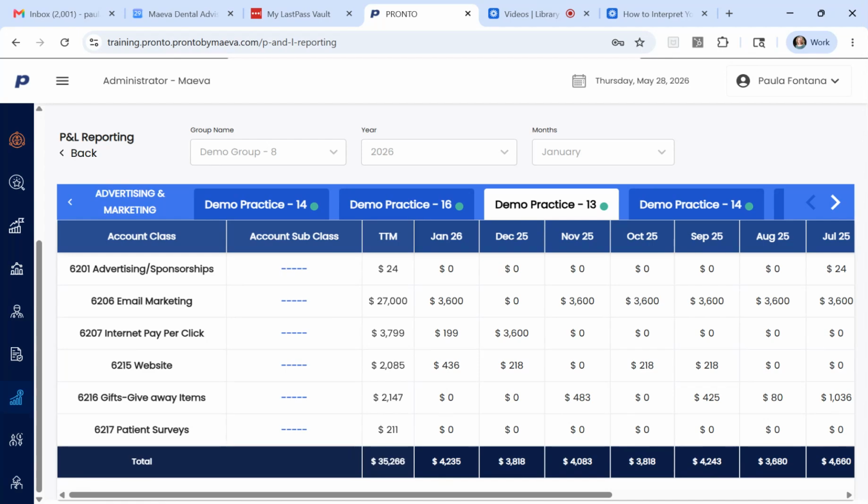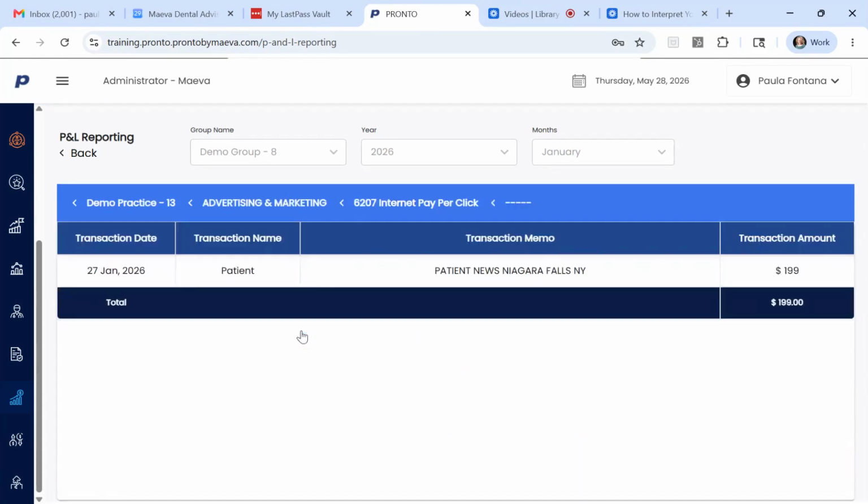What I love about this feature is that doctor owners sometimes will tell us they had no idea they were paying for specific services. And this is a great way for you to be able to see exactly what that was. And in many cases, under the subclass category, you can click in and you can see an invoice. Particular internet pay-per-click was paid out to a vendor called Patient News. So you can actually see where the vendors are.